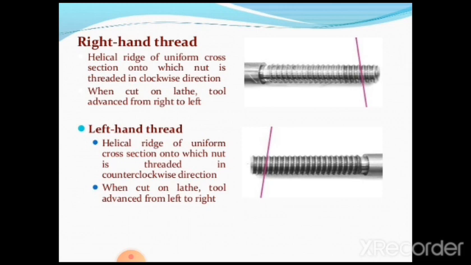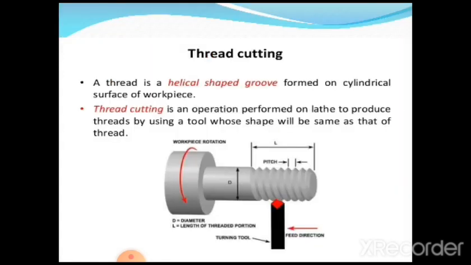Suppose the nut is made to advance by rotating in an anti-clockwise or counter-clockwise direction, then it is called a left hand thread. So we are not interested in this beyond understanding; only for that purpose we are discussing these concepts.